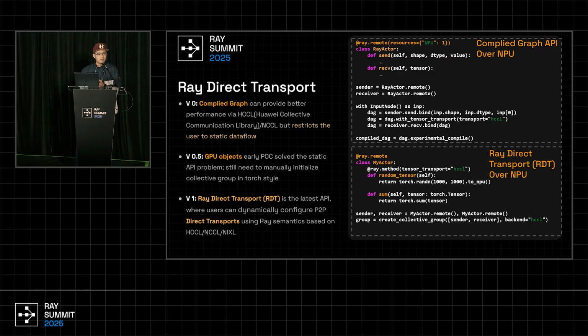In other workloads, however, developers need a more flexible and convenient way to express logic and control flow. So with V0.5, with the GPU Objects API, it partially solved this issue, but again, came with the problem of initializing the collective groups manually. Now at V1 with RDT, it effectively solves both issues while preserving the Ray actor semantics, and everything is taken care of under the hood.